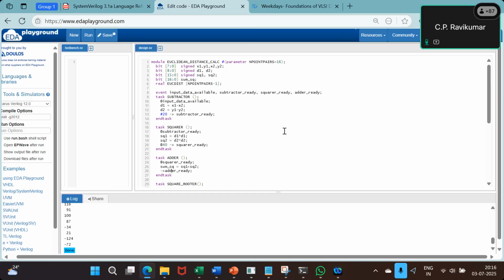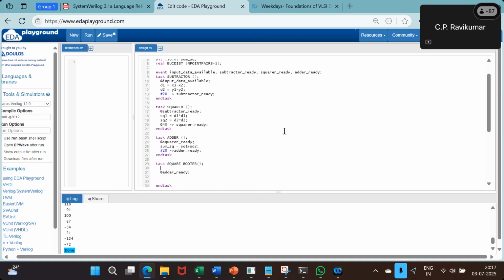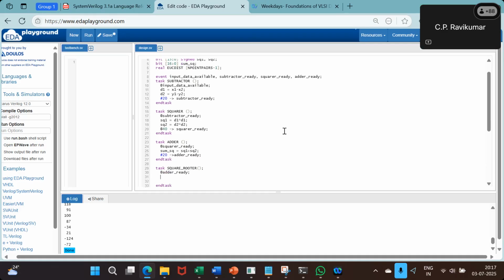And also this has to be some, let us say the adder is also taking 20 nanoseconds. The square root guy will use SQRT, right?